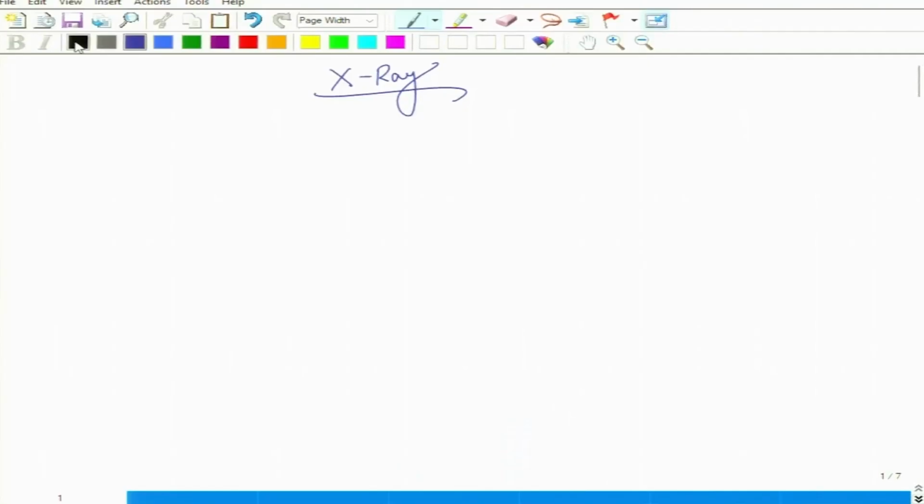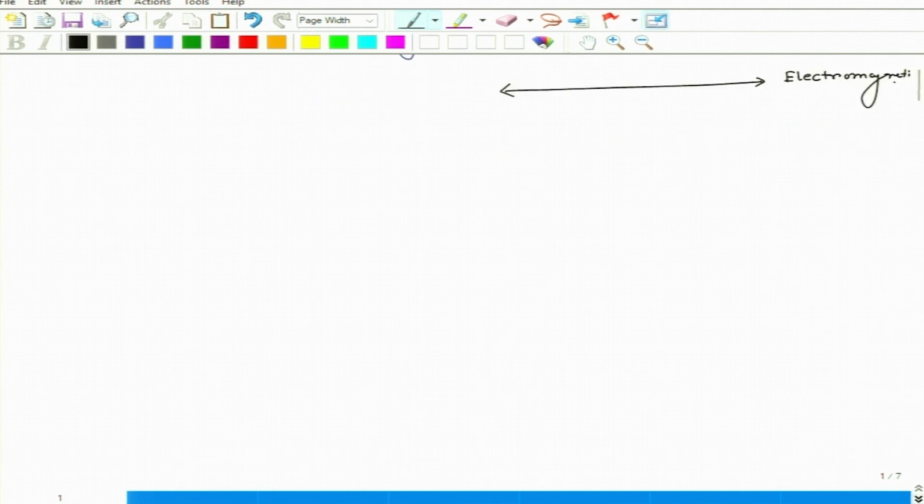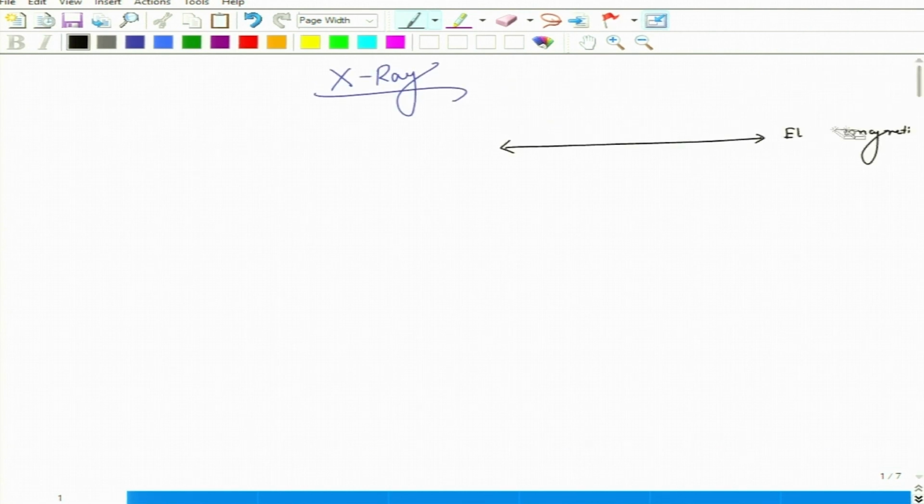Now if you classify this part, this is the total range of light, electromagnetic waves. In terms of wavelength in nanometers, 400 nanometer to 700 nanometer is our visible region.